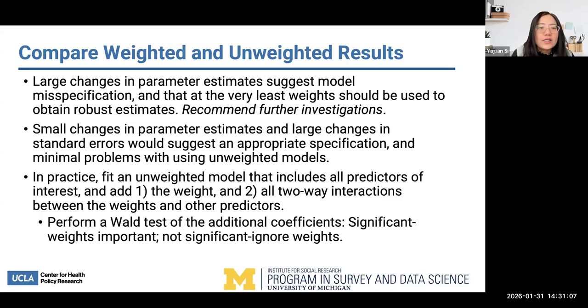Once we have clarified our analysis goals, we need to evaluate the effect of weighting on our analysis. The starting point is to compare weighted and unweighted results. If in our analysis we detect large changes in the parameter point estimates before and after weighting, this indicates model misspecification.